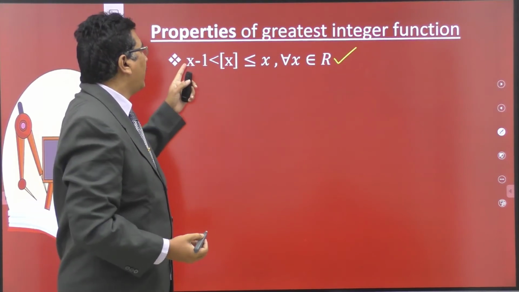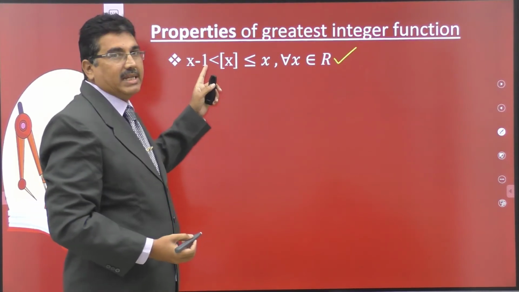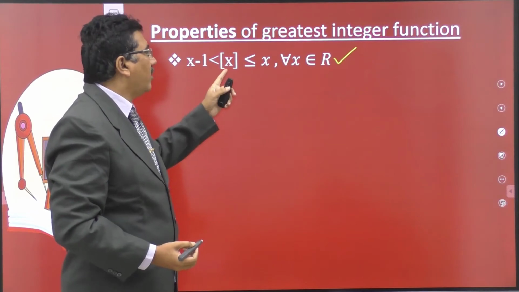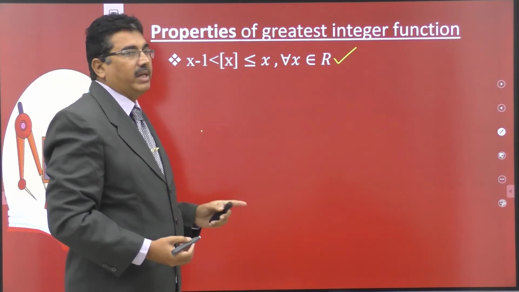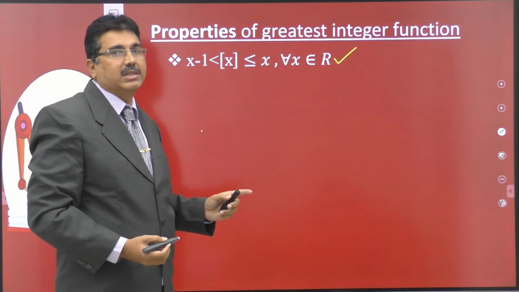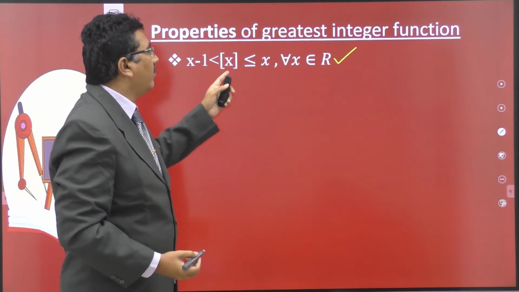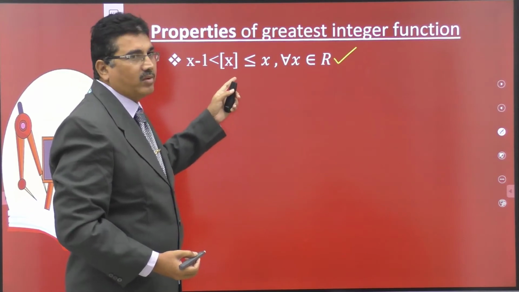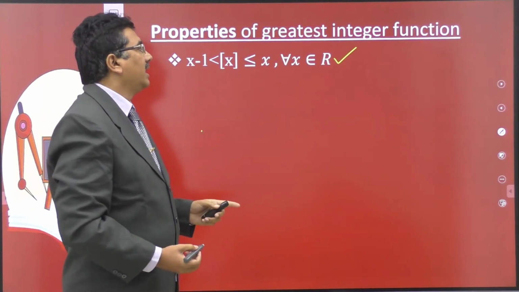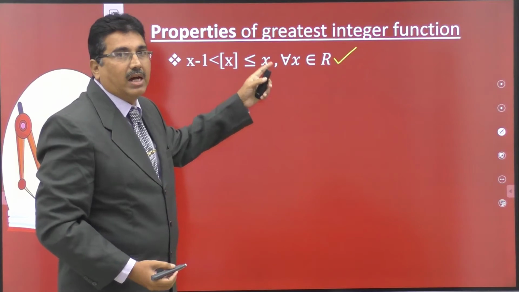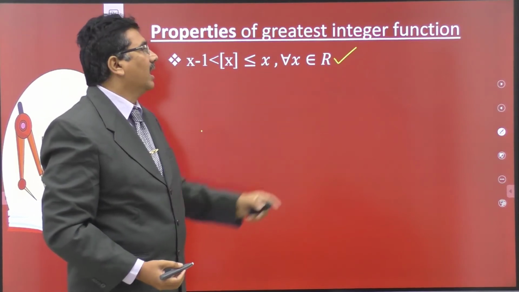We draw the graphs of y equal to x minus 1, y equal to box x, and y equal to x. From that graph also we observe that x minus 1 less than box x less than or equal to x. Right. This is true for all x belonging to R.